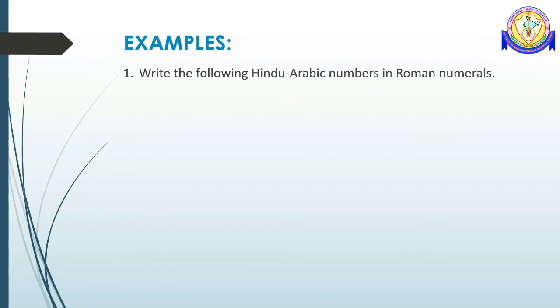Here I have taken examples of how we can write Hindu Arabic numbers in Roman numerals. The first one is 15. 15 can be written as 10 plus 5. 10 is X and 5 is V. Therefore XV is 15.